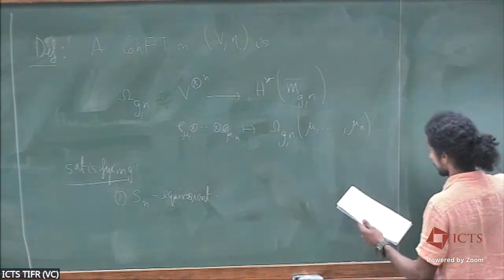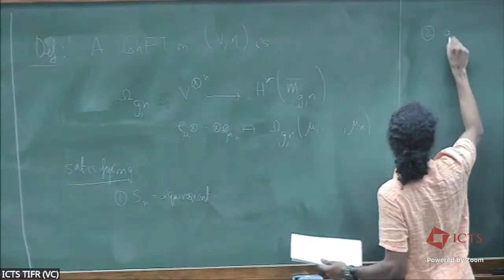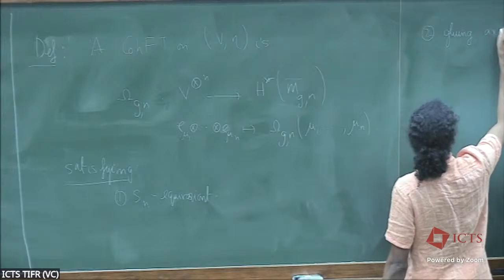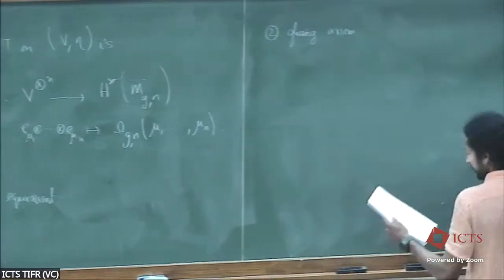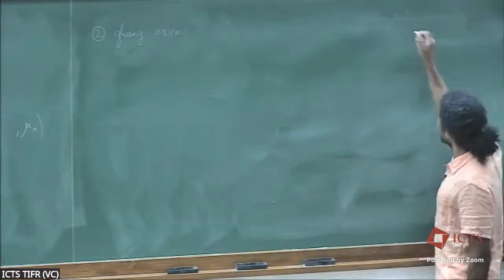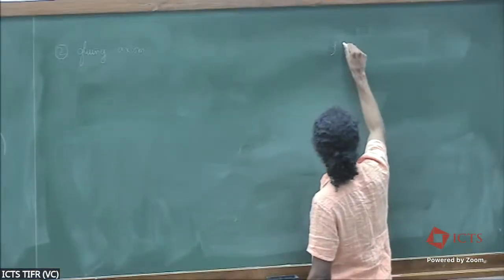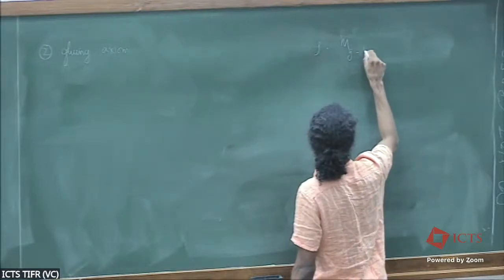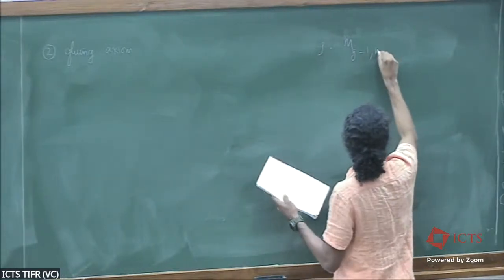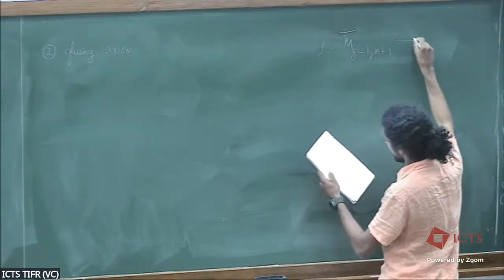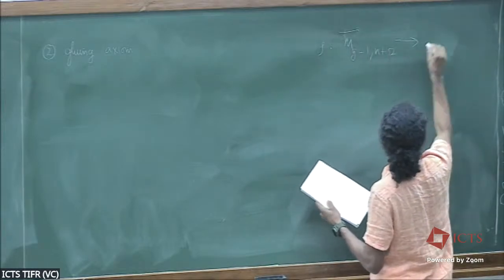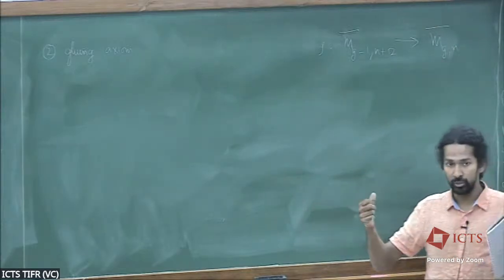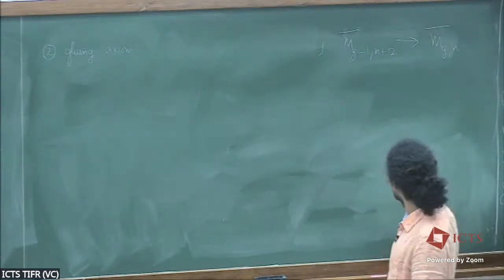Yeah, S_n equivariance. So the main axioms are the gluing axioms. I don't remember what Dhruv called these maps, or what notation he used for the clutching map, so let me call it rho. This is the one that takes you from M_{g-1,n+2} bar to M_{g,n} bar. This is where you took two marked points and glued them together into a node.